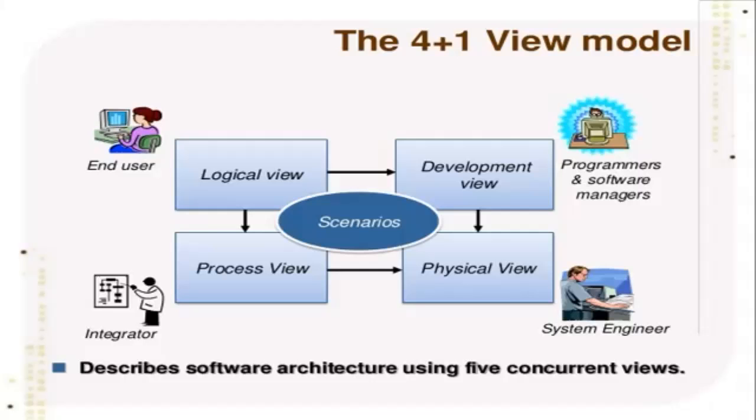It is a cycle. The 4+1 view model describes software architecture using 5 concurrent views. Here: end user, programmers and software managers, integrators and system engineers. The logical view, development view, physical view and process view, and the scenario.